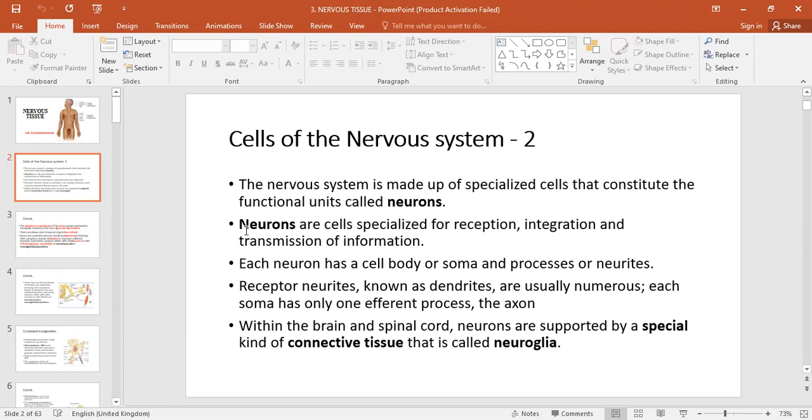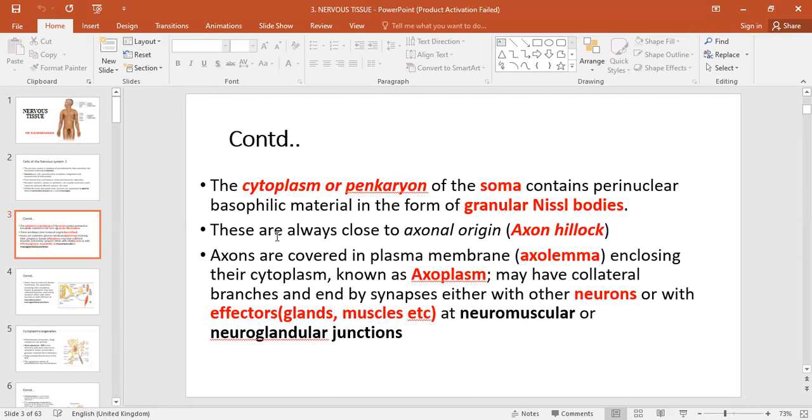Neurons are the actual cells of nervous tissue that perform the functions of nervous tissue. Now, what are some of the differences from the cells that we discussed earlier on? We discussed connective tissue cells, also epithelial tissue cells. These are the following differences that we find in nervous tissue cells, to be specific, neurons.